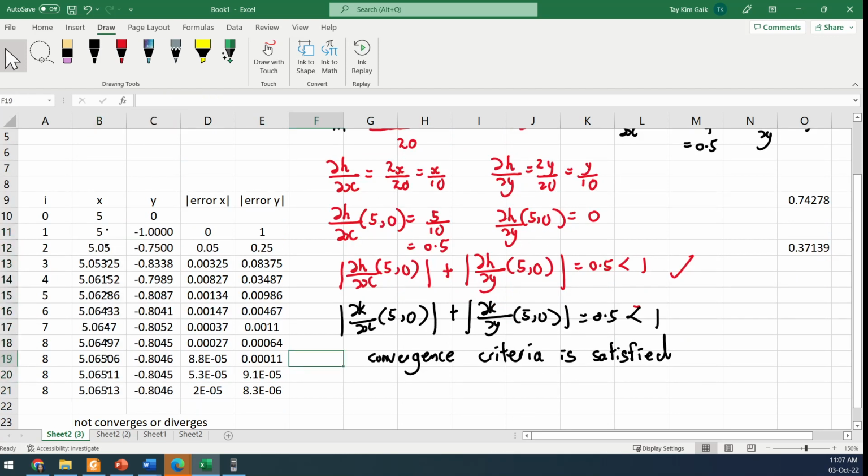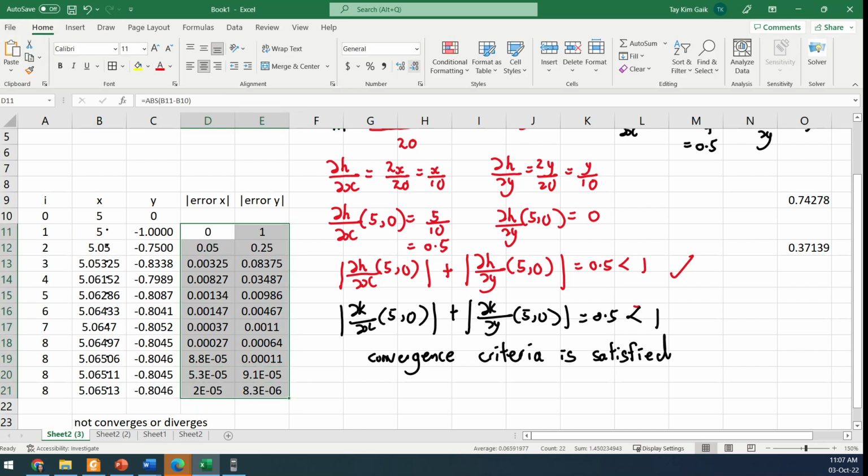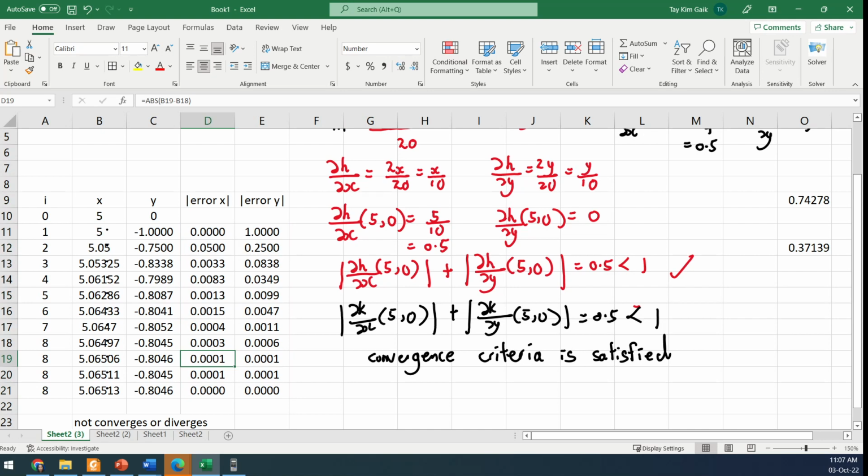So for the error, let me display 4 decimal places. Here I didn't round it, so it is only display. Copy down, increase it here.